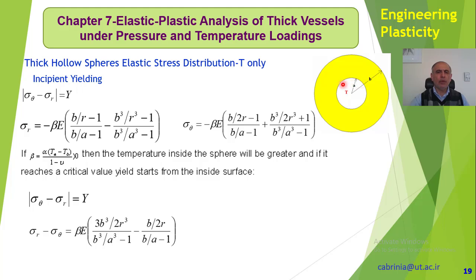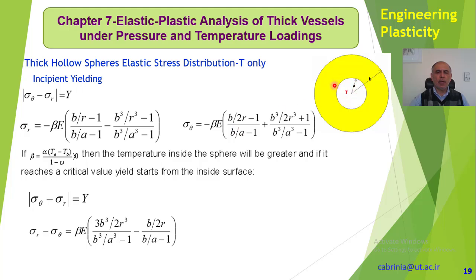So if the temperature inside is such that beta is greater than 0, that is constant, so Ta minus Tb is greater than 0, Ta greater than Tb.